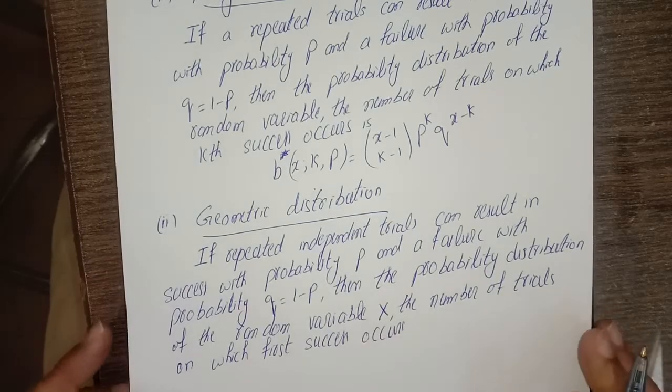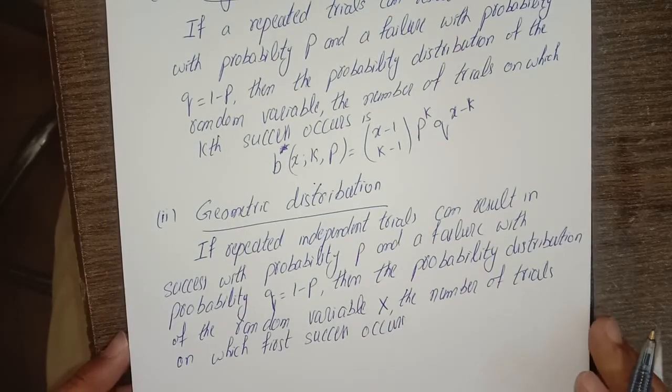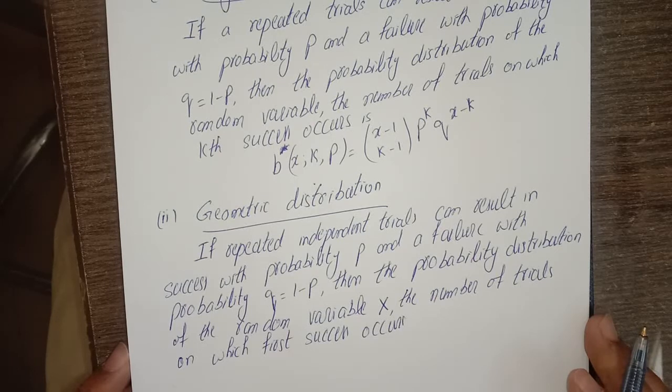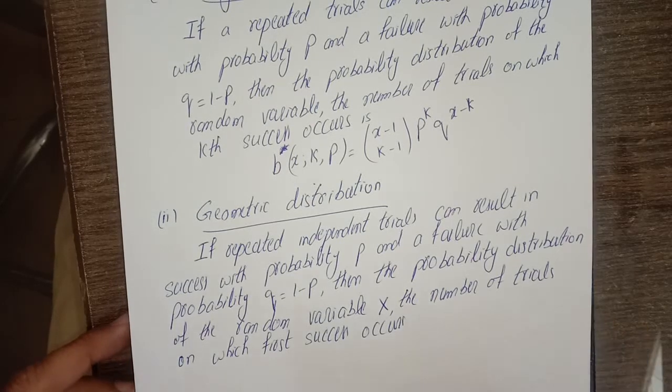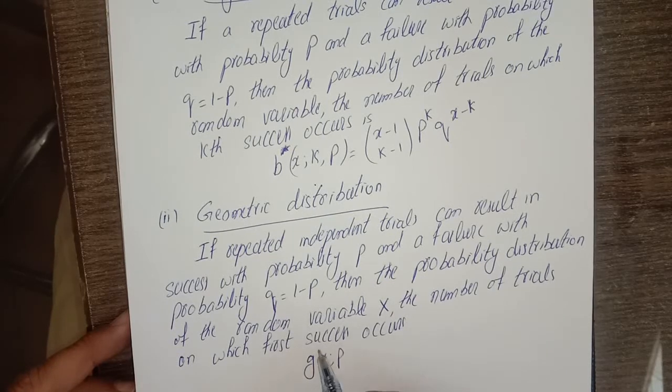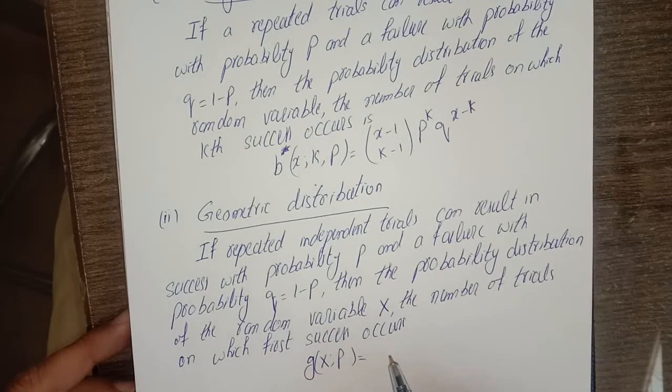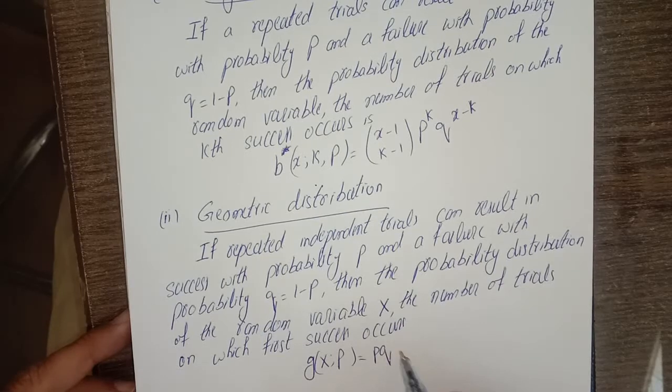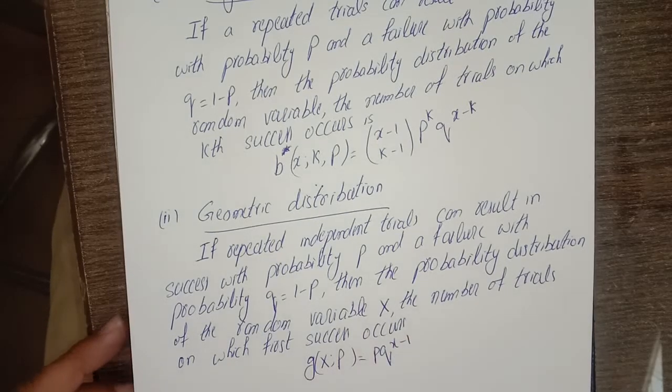Simply, you have to find out the number of trials on which the first success occurs.